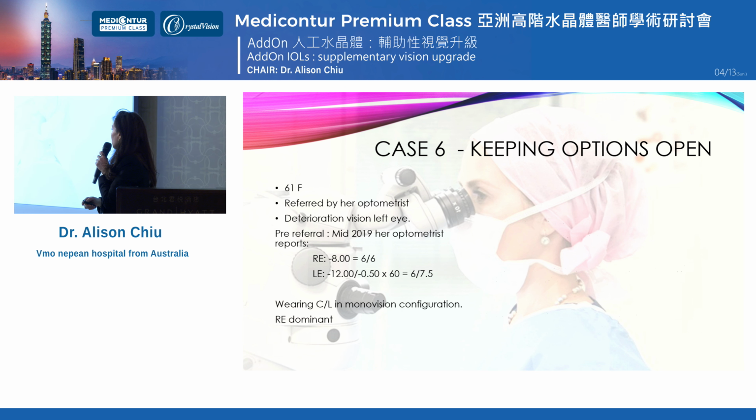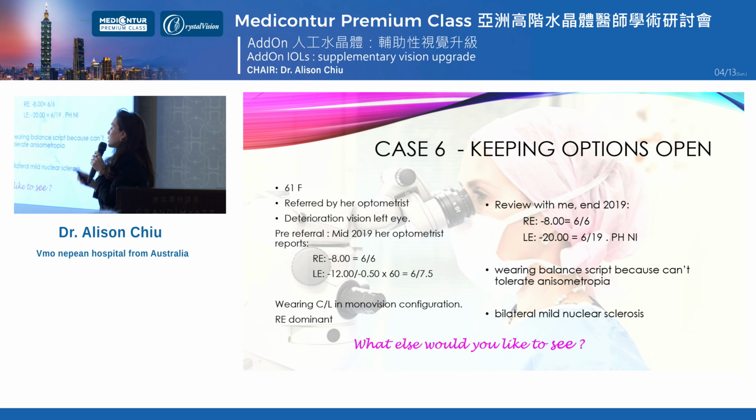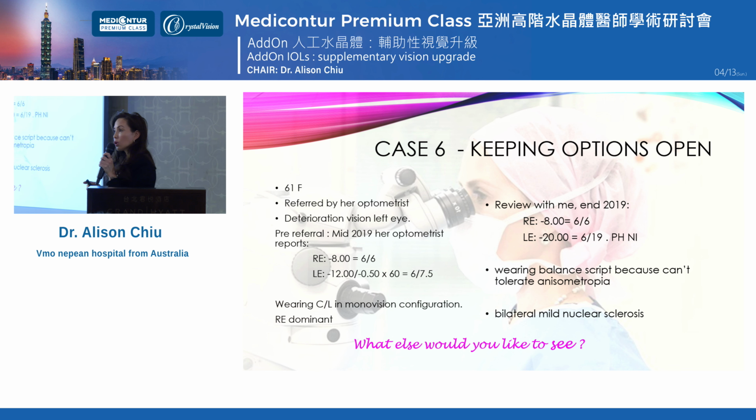She's 61 and presbyopic. So when I saw her, when she was referred to me, her left eye had shifted to -20. And she was wearing a balance script because she could not tolerate this. So she had mild nuclear sclerosis bilaterally, and importantly in her right eye, the best corrected vision is still 6/6.